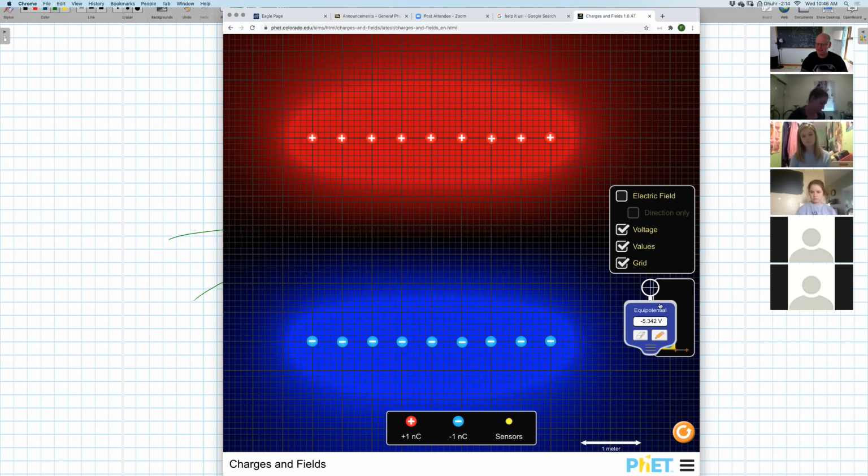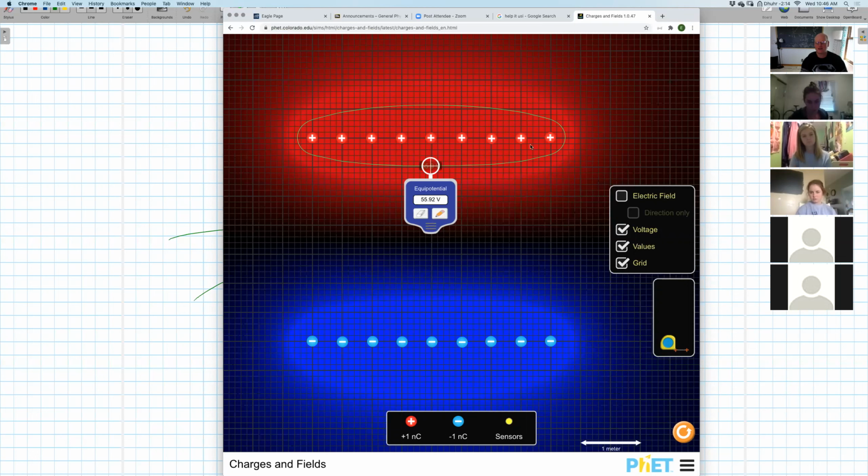Now I'm going to grab this thing out. So this thing initially was in here. I'm going to pull this out and put it at some location. So let's say I put it here. Then I'm going to tap the draw line here, and that's going to draw these equipotential lines. So everywhere along this particular green line has exactly the same amount of potential, which in this case is 55.92.